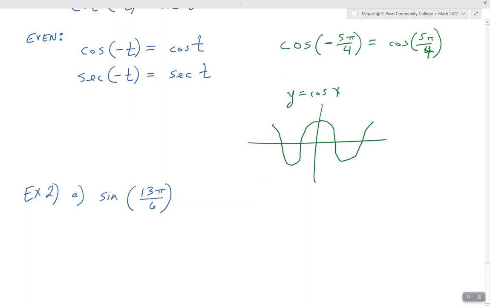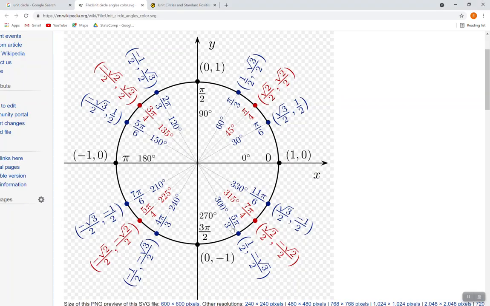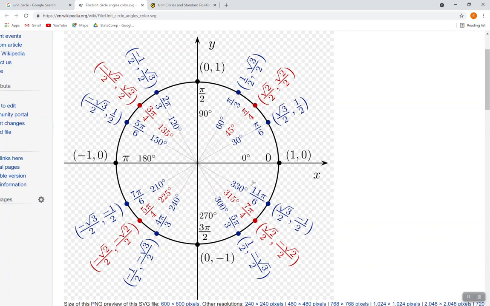How do we find this? If you're looking at the unit circle, we don't see any 13 pi over 6 anywhere. So that means you have to break it down a little bit.